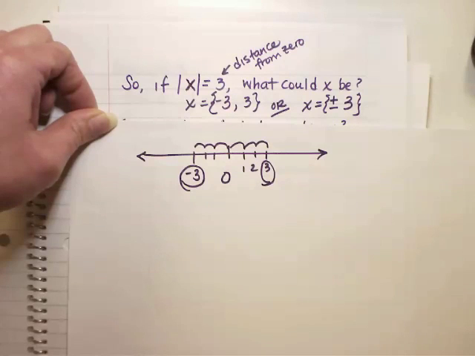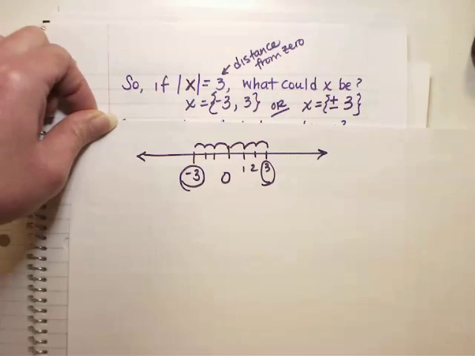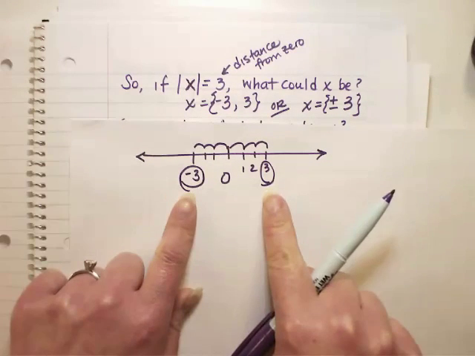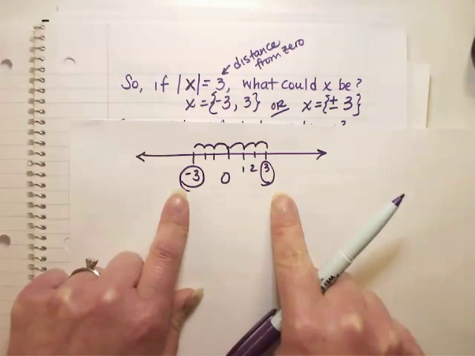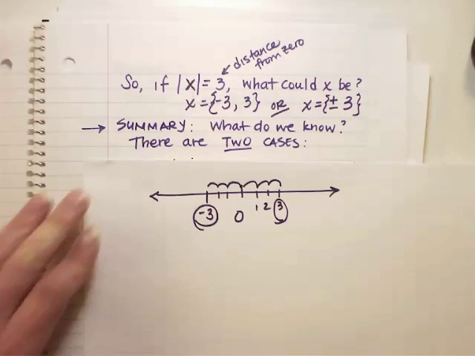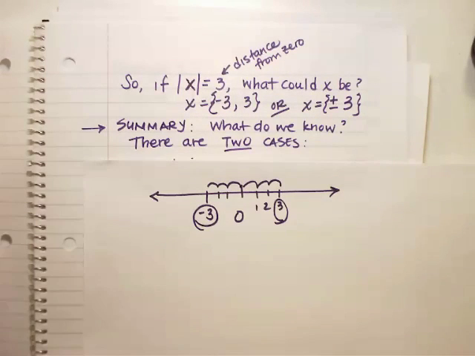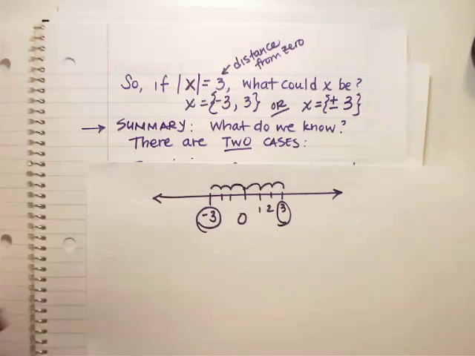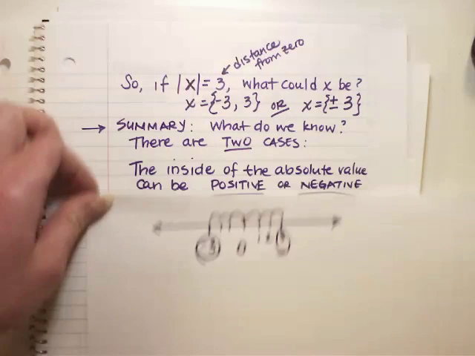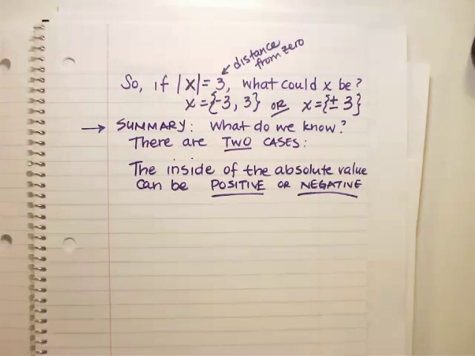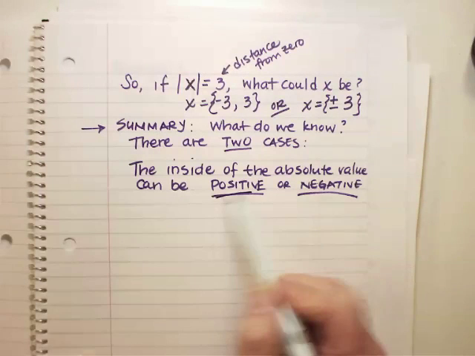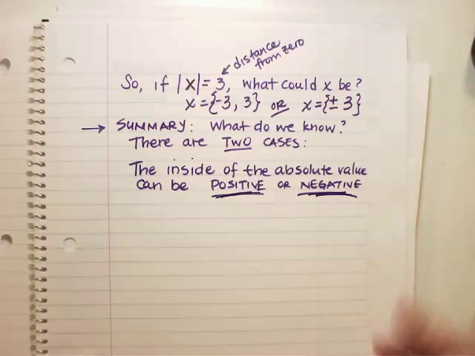Okay? So what have we found out so far? If your distance is a certain number away from 0, it could be either negative or positive. So there are 2 cases, is what we know right now. The 2 possible cases are that the inside of the absolute value can be positive or it can be negative. Okay?